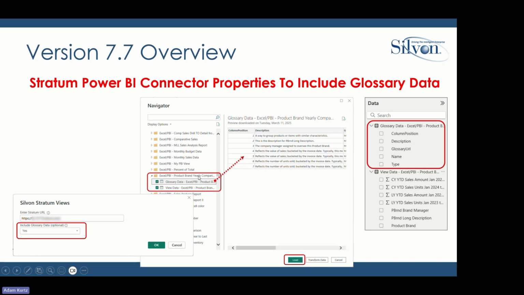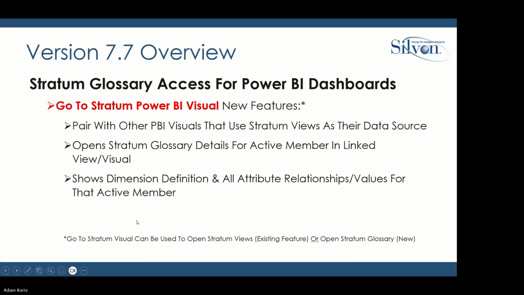And you want to make sure that you turn that on so that you have that option available. So when you initially connect Stratum and provide the URL, there's a new little question box there that you would toggle on to make sure that the glossary data comes along as well.